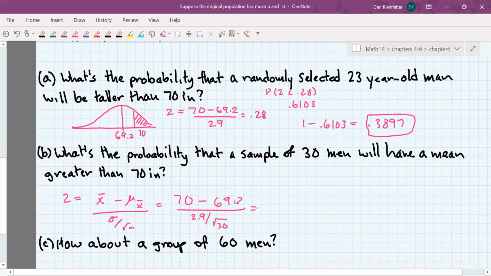So let's calculate that. We get 1.51. As we're going through the calculations here, take a minute and think about whether you think the answer should be more or less than our previous answer.